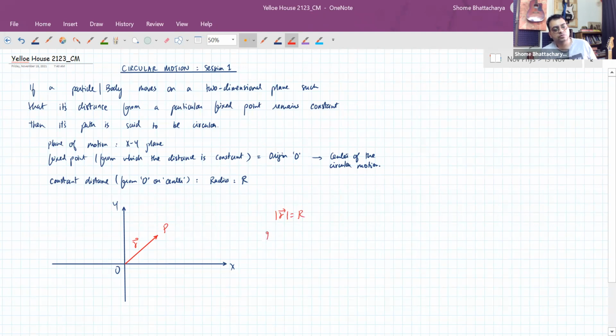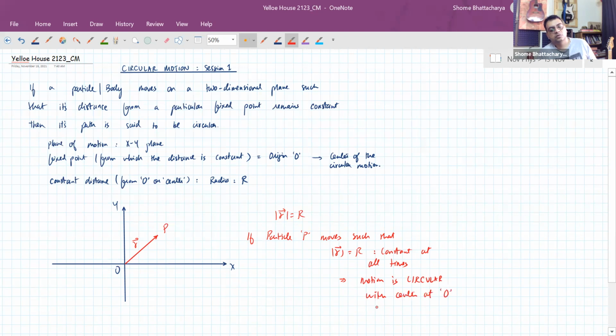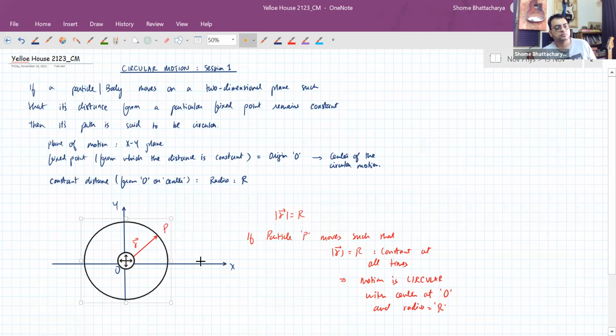Now, if the particle P moves such that the magnitude of r is constant at all times, then the motion is circular with the center at O, with radius equal to capital R. So that motion will look like a circular path, something like this.